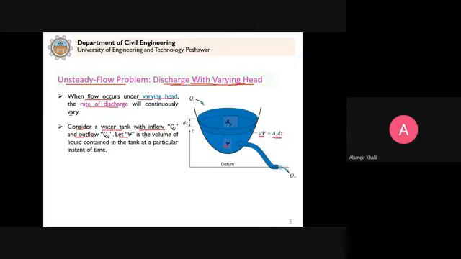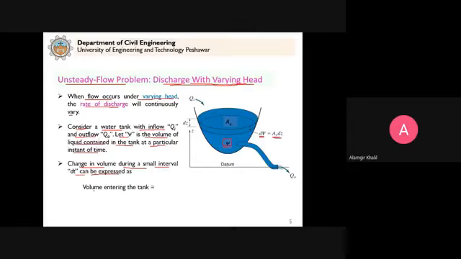Let V be the volume of liquid contained in the tank at a particular instant of time. Change in volume during a small interval dt can be expressed as follows. Now we consider a small interval of time dt. In this dt, how much change in volume will occur?